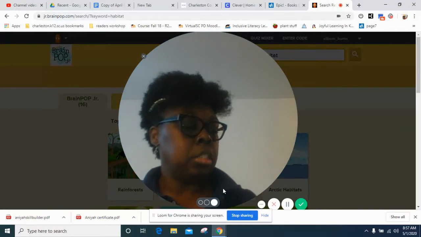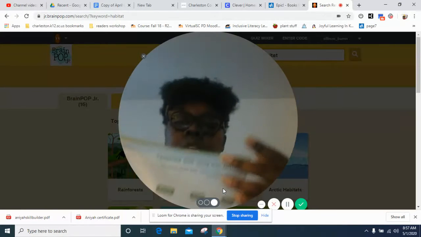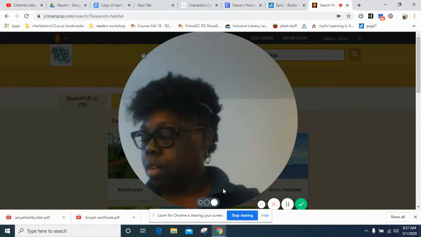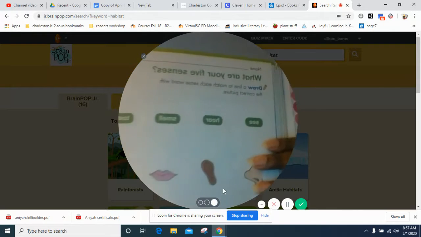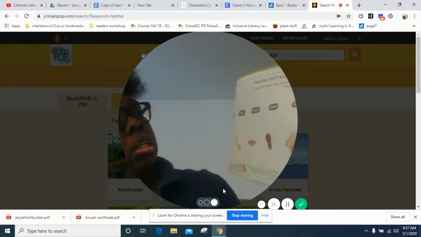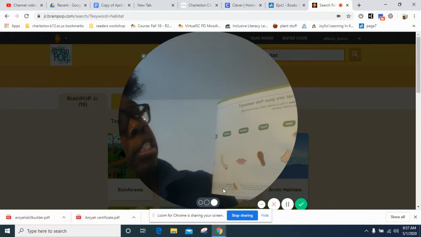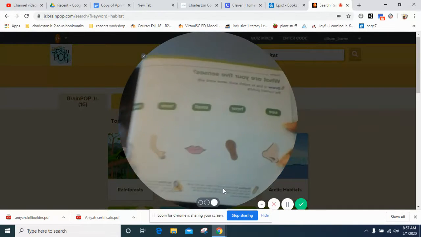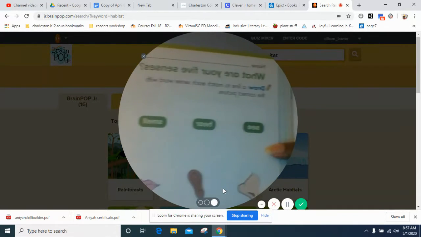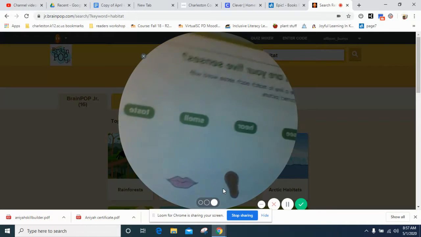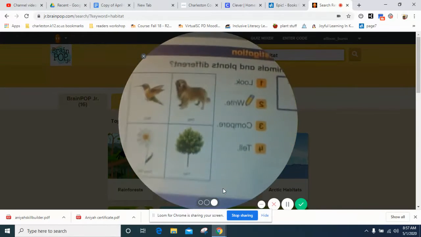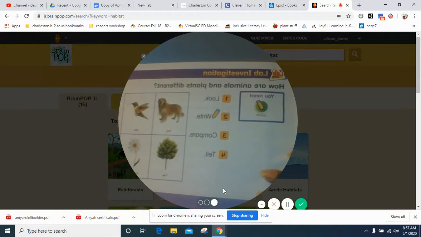And then on the next page, and this is to be a quick review, parents. Draw a line to match each sense word to the correct picture. And then the next page is like a little lab investigation that you could do.